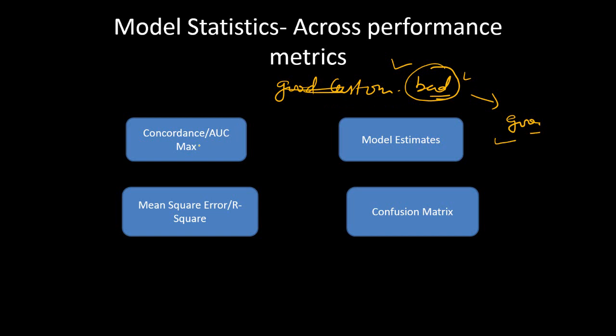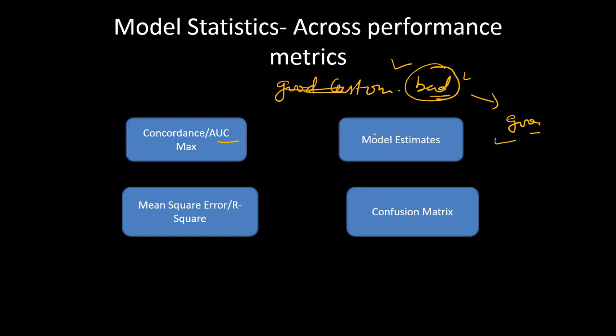Because concordance or AUC takes care of both good identification and bad identification, and the business requirement is that you're not bothered about the good identification. You are more careful about the bad identification, and that's what matters to you. So that is more important. Sometimes it's not the performance that actually matters.